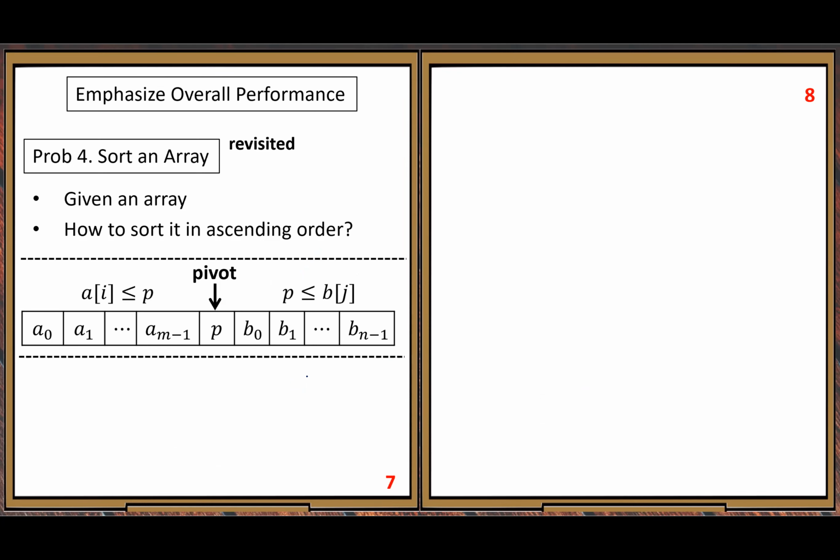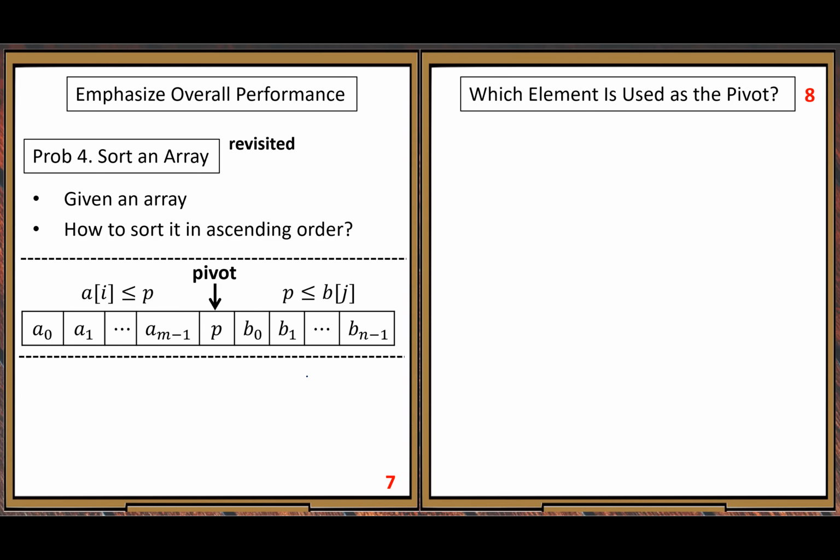Now we need to make this divide step satisfy our goal, our target. Which element is used as the pivot? We need to select the pivot element, but which one is the best one? The answer is any element has an equal role in the array.